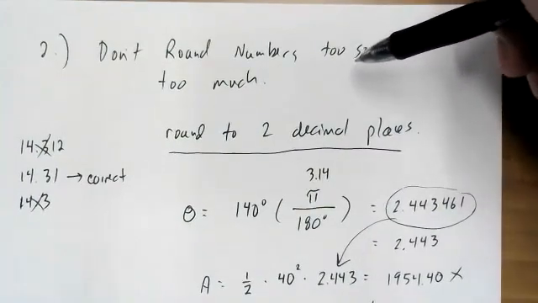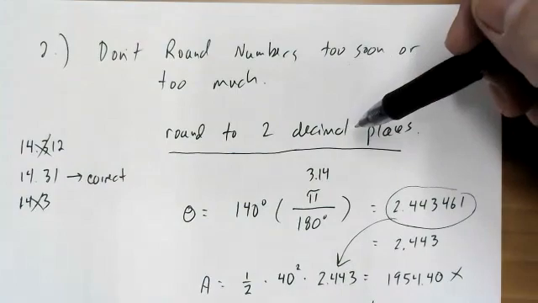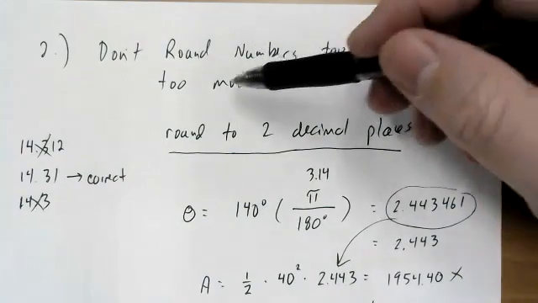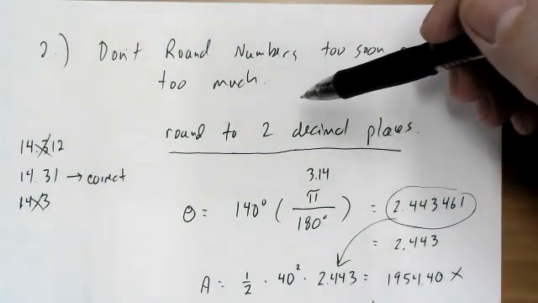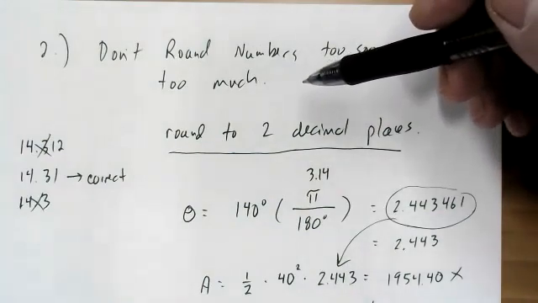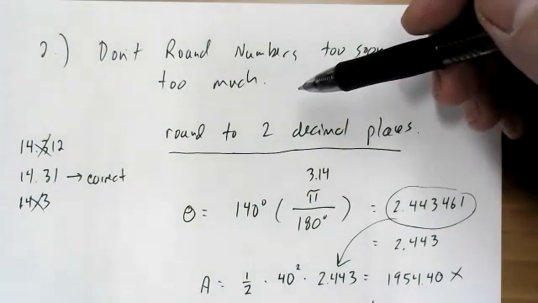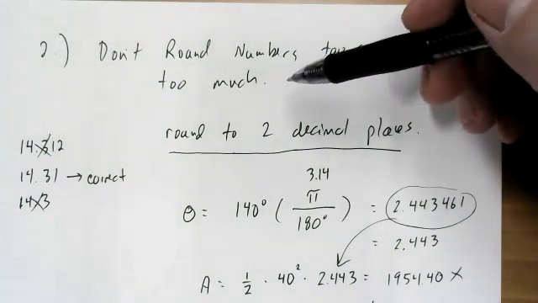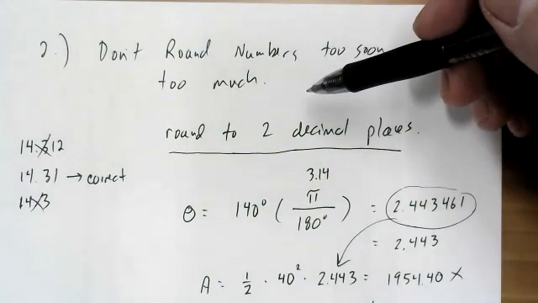If you have intermediate steps and calculations to get to the final answer, don't round. In trig class, when we get to law of sines and cosines, it's very common students will try to round numbers off in the middle of the problem.